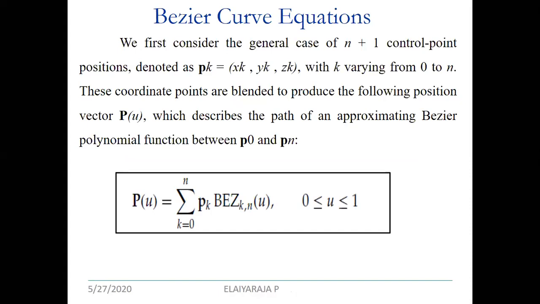So what will happen? The control points are blended to produce the position vector, which describes the path of an approximating Bezier polynomial function. Basically, when you draw any object in computer graphics, we used to do it through points as well as lines, and continuation with that.